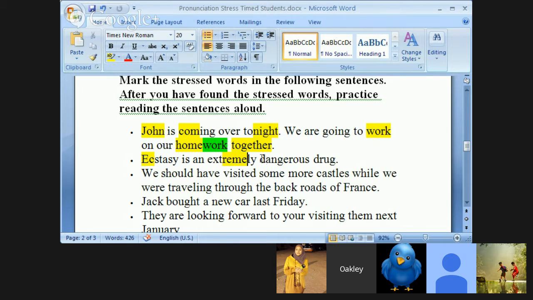Dangerous. Okay, first syllable. Drug. Okay. Now look, we've got a lot of content words together, but nevertheless, the way syllables work in English, notice that regardless, we still have spaces between our primary stress syllables, so that we can modulate, go up and down in pitch.